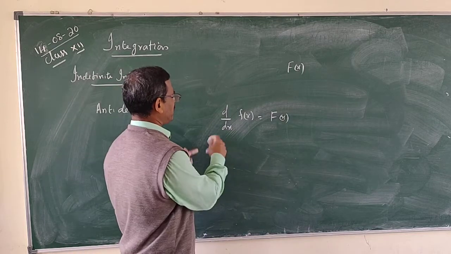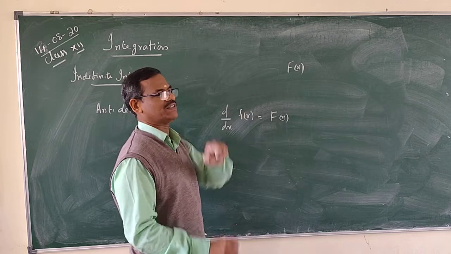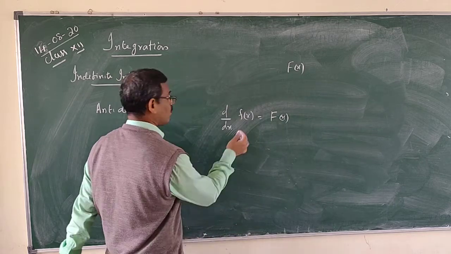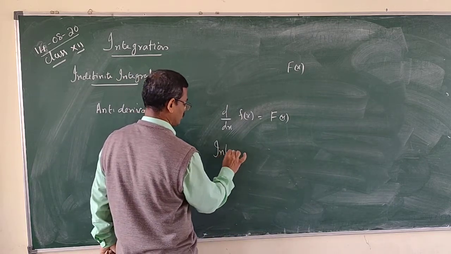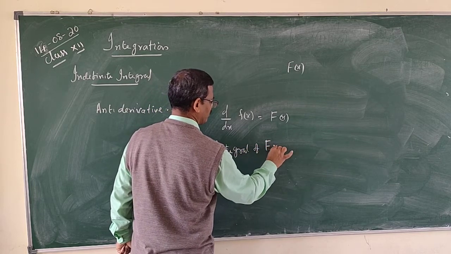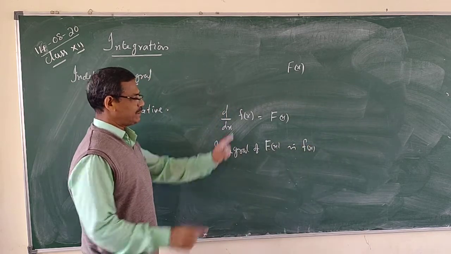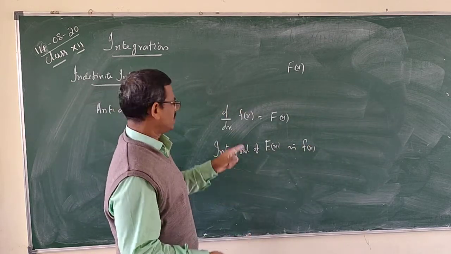So in a simple way, if the derivative of the function fx is capital Fx, then we call the integral of capital Fx is fx. That means a reverse process.